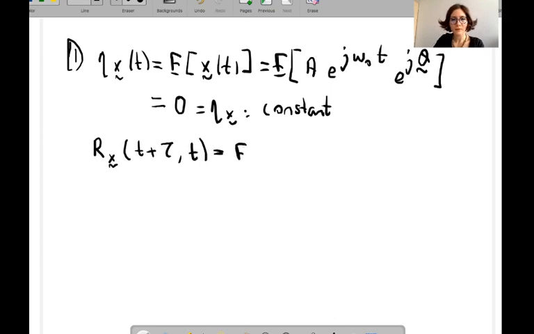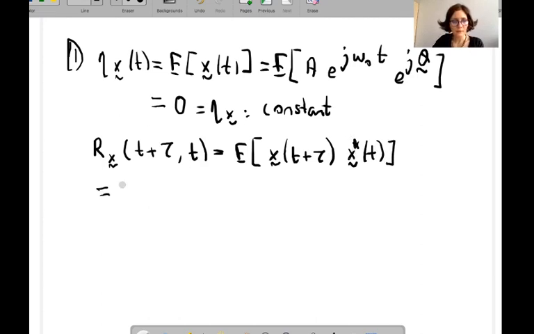So we are interested in this expectation. We look at x of t plus tau times x of t. And in this case, our process really is complex, so we should not forget the conjugate sign.